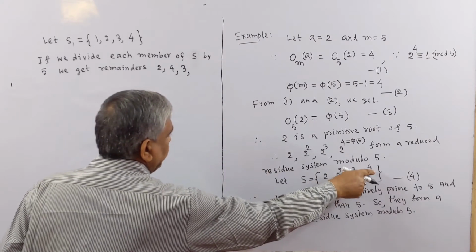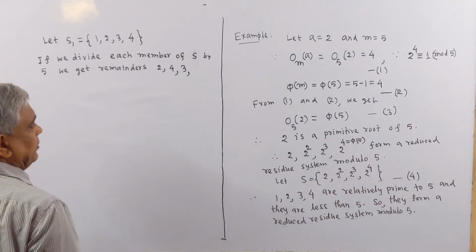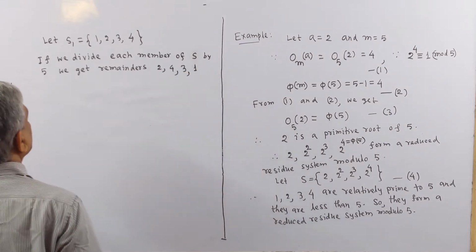And 2 to the power 4 is 16. If we divide 16 by 5, we get remainder 1.